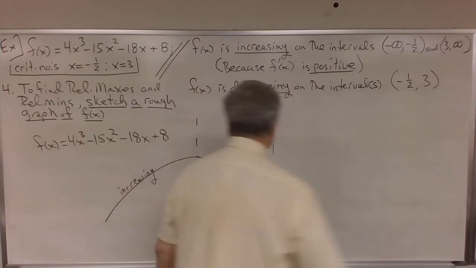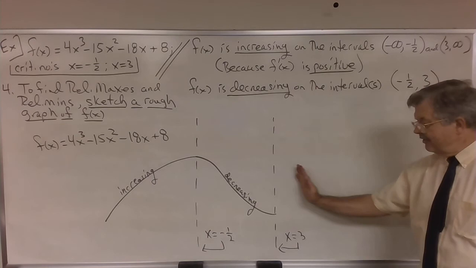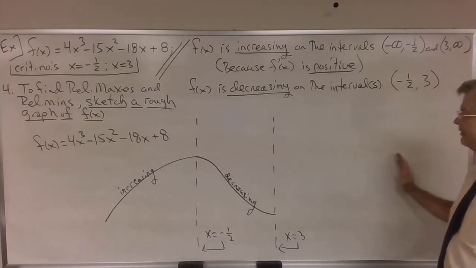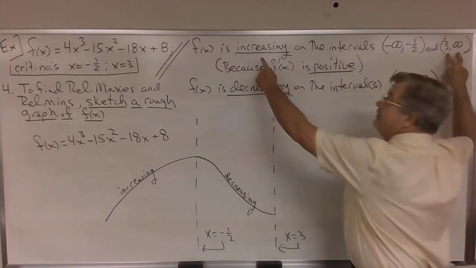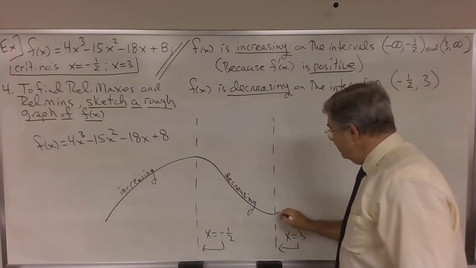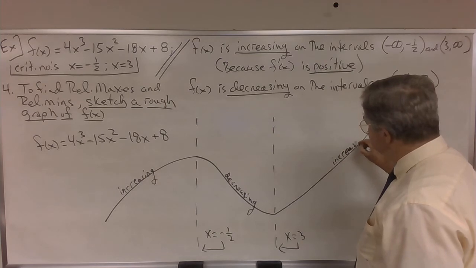And then I just ask myself, what is f of x doing over here to the right of x equal 3? From x equal 3 to x equal infinity, oh, f of x is increasing again, isn't it? So the graph goes back uphill. Here's f of x increasing.